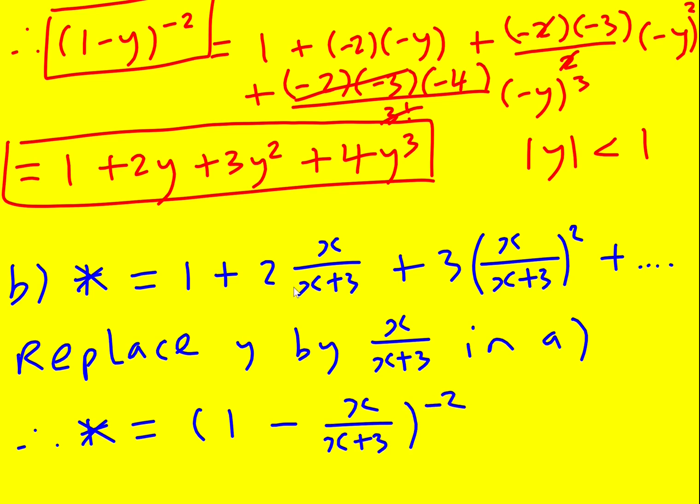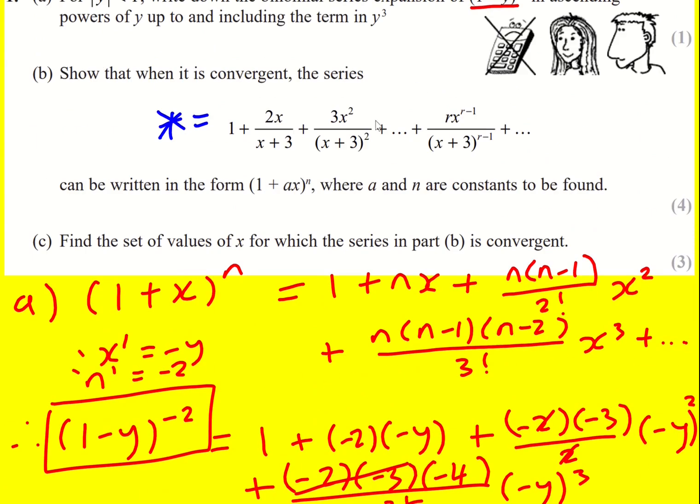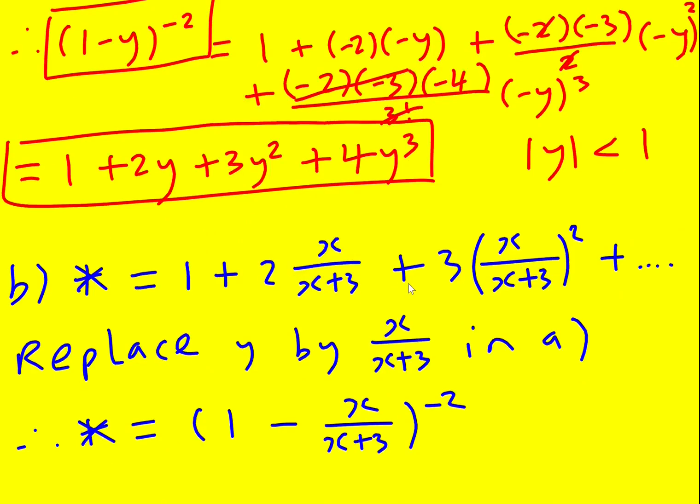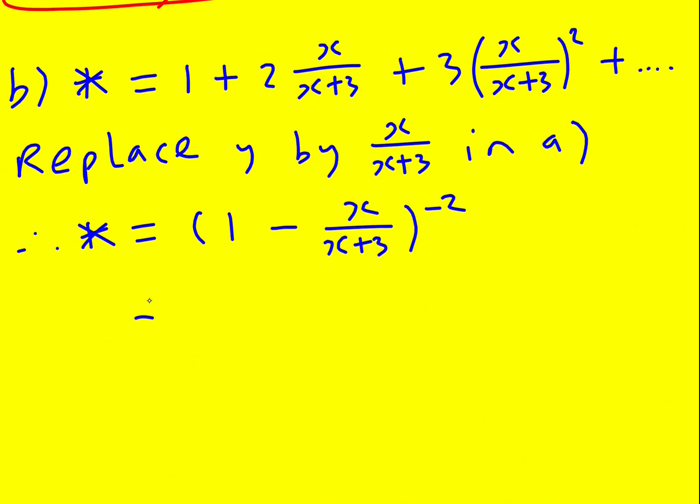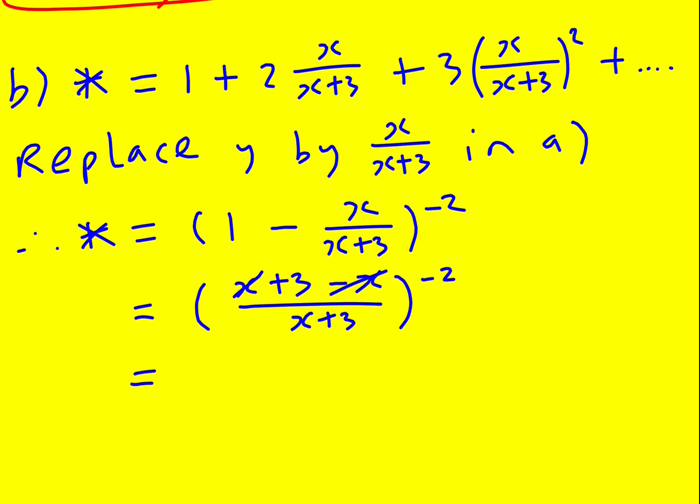And we've summed it. The only bit left to do is to rewrite it in a very specific way, (1 + ax)^n. So I'm going to put it over a common denominator. It's going to be (x + 3 - x)/(x+3). I want x on top, don't I?